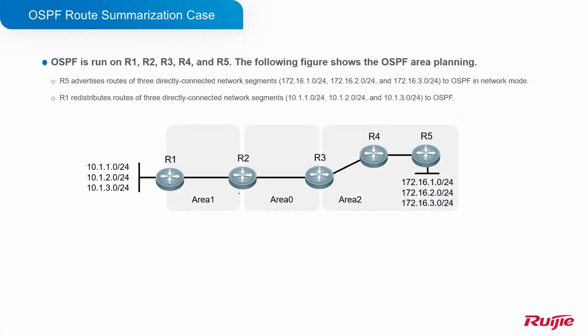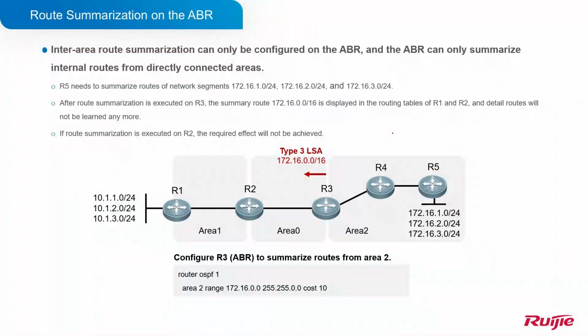So if we want to reduce the resources of every router in the OSPF domain, we can do the summarization on R1, and we can also do the summarization for these detailed routes on R5. Next page, we will learn the summarization.